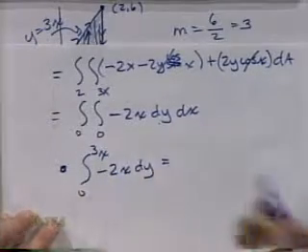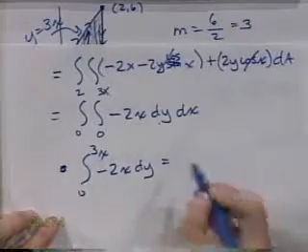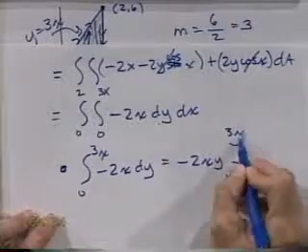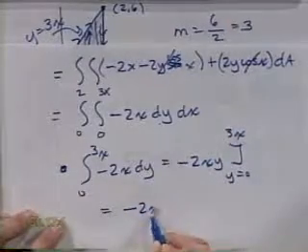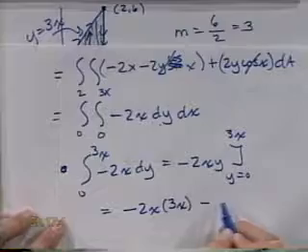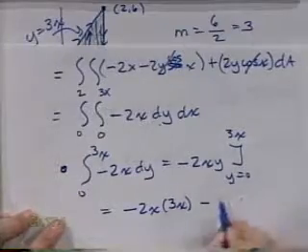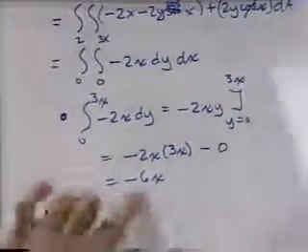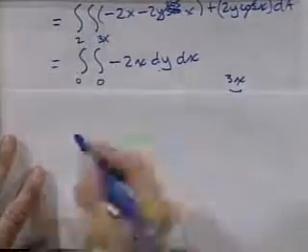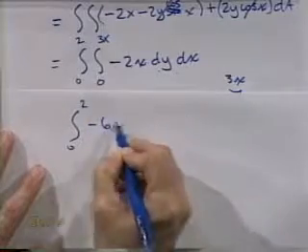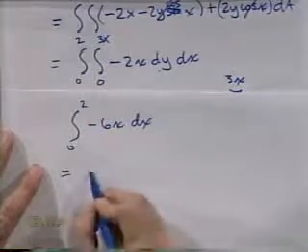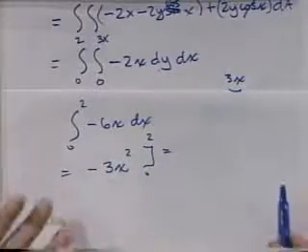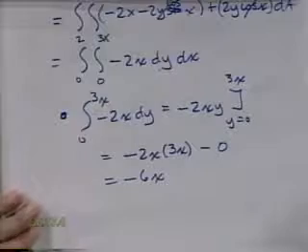Okay, the integral of minus 2x dy is minus 2xy, as y goes from 0 to 3x. So we'll have minus 2x, put a 3x in for y, and when you put a 0 in, that just gives you 0. So we have minus 6x. And then we have to take the minus 6x, and that gives me what, minus 3x squared? And we're going from 0 to 2. Whoops, did I make a mistake?